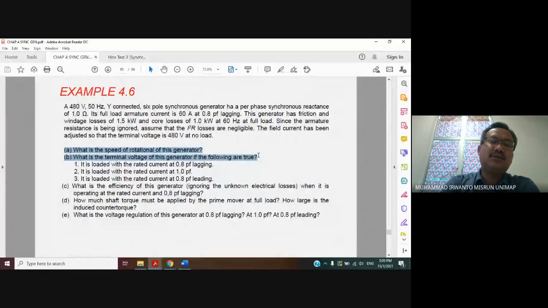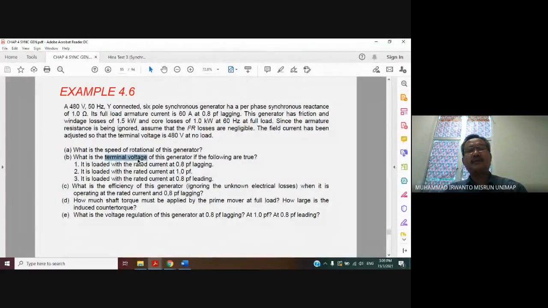Then for B, we calculate the terminal voltage. In Test 3, you draw the phasor diagram. When we want to draw the phasor diagram, we can find the value of the internal generated voltage, EA.